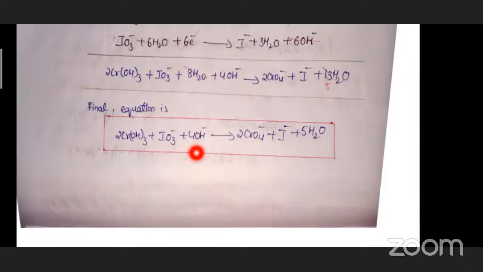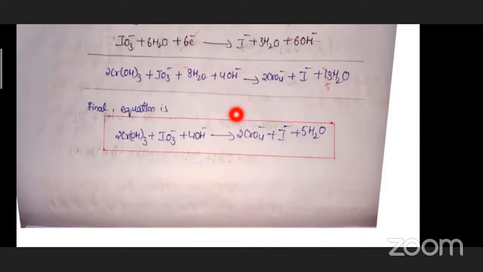Now you can check the number of elements. On the reactant side, how many chromiums are there? 2 chromiums. Here also 2 chromiums. Oxygens, let us see. 2 into 3, 6. 6 plus 3, 9. 9 plus 4, 13. This side you check. 2 into 4, 8. 8 plus 5, 13.